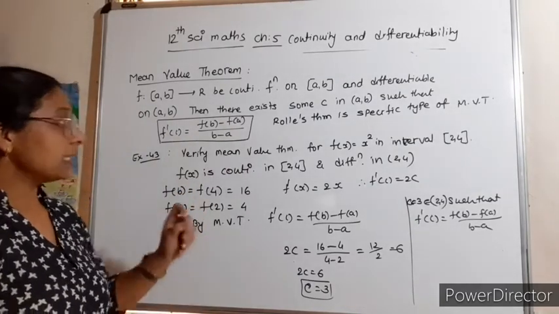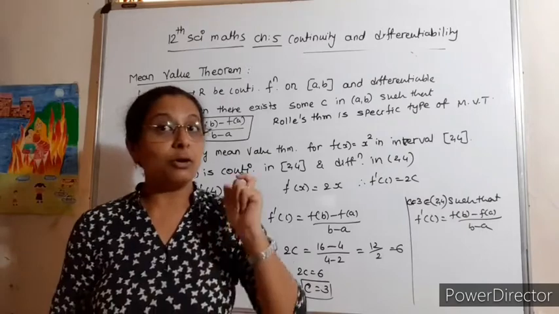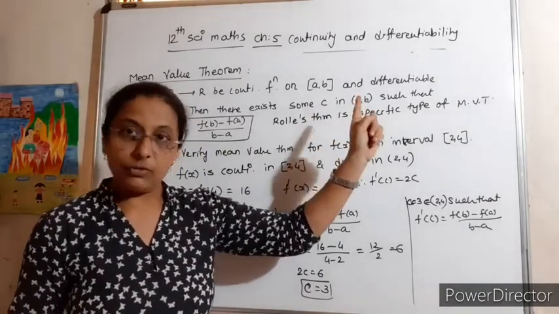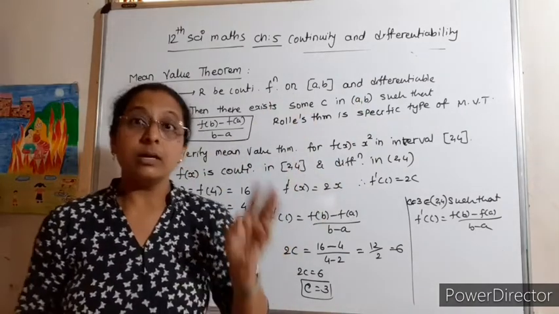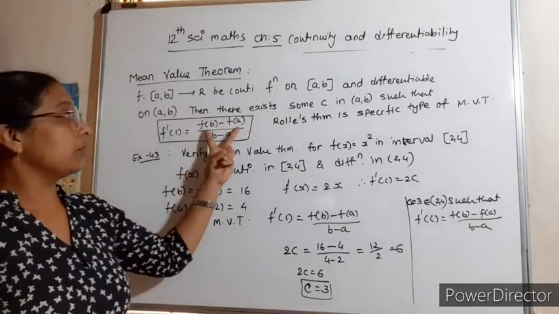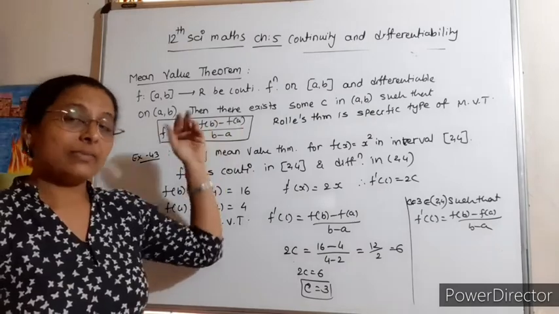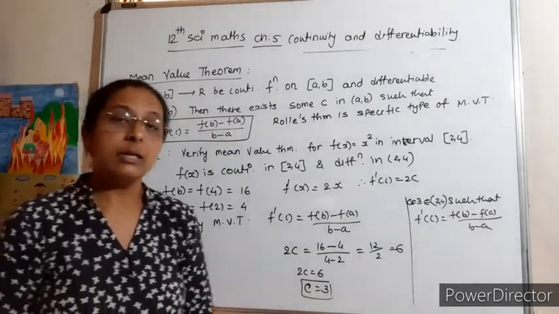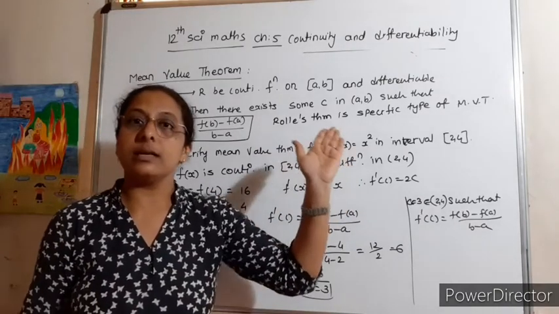Rolle's theorem में भी find करेंगे value of c belongs to the open interval (a, b). You understand? Both are the same. Difference है यही सिर्फ कि उसमें f b equal to f a है. Then it is called a specific type of mean value theorem. That is called Rolle's theorem.